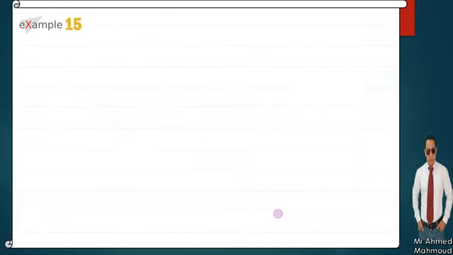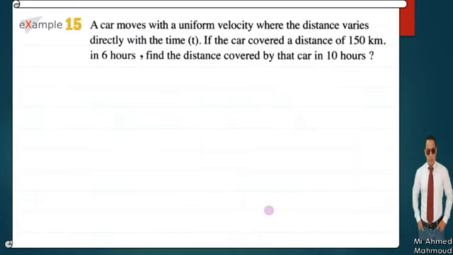The next one, a car moves with a uniform velocity where the distance, I call the distance d, varies directly as the time t. Directly as t, d varies as t.